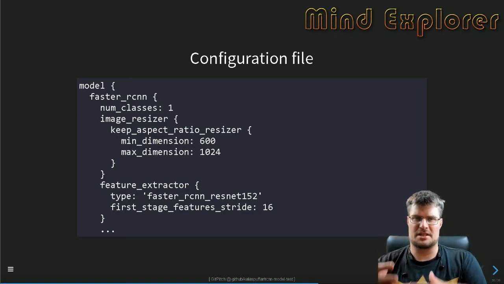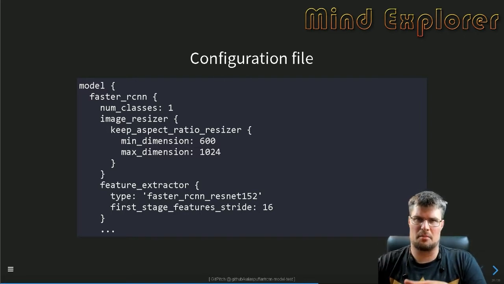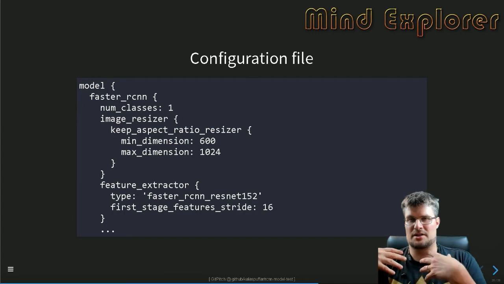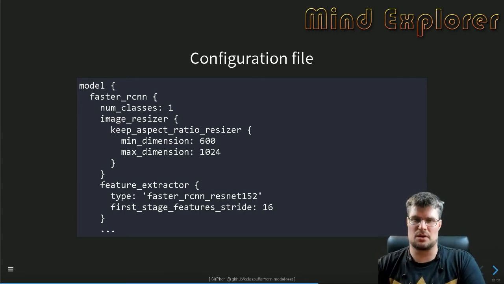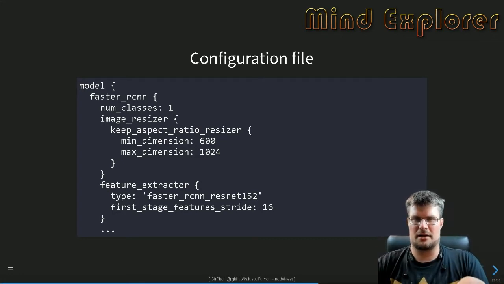And then we have this image resizer, and this is because you want to give the network any image size, but the network can't handle gigantic images because that would require too much memory on the GPU and so on. So you need to downscale it. But I don't want to downscale it too much, so they have actually fixed it in a way that you downscale it to a dimension, and they want to keep the aspect ratio.